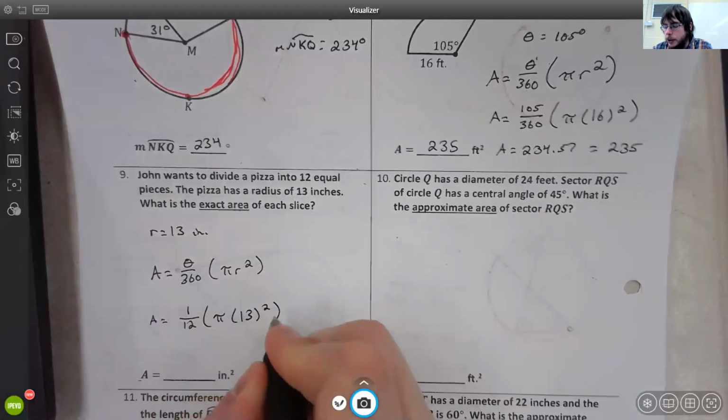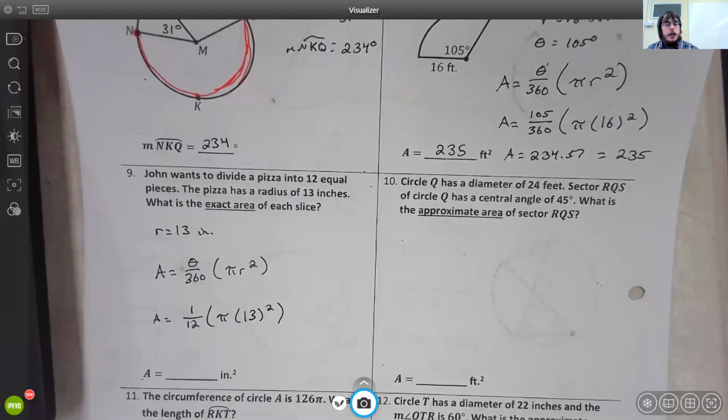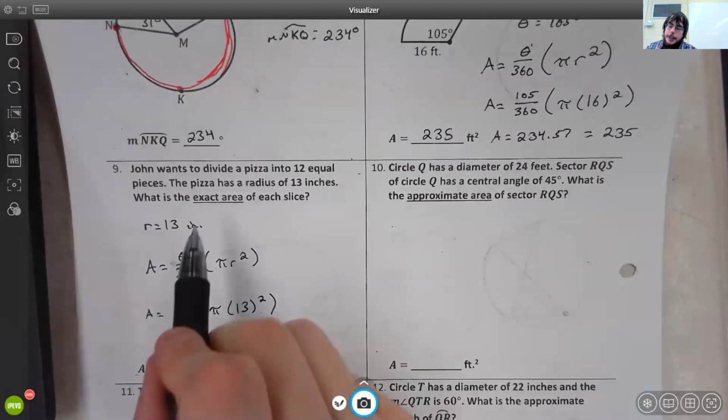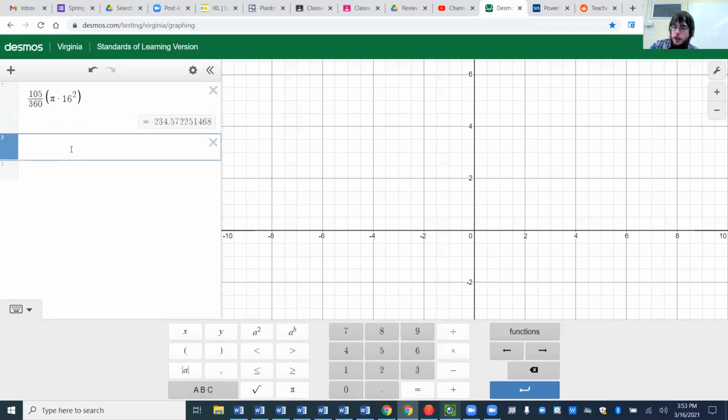So pi times 13 squared. So your area is 1/12 pi r squared, and it wants the exact area. So in your calculator, you're going to remove the pi, and you're just going to type in 1 over 12 times 13 squared. Okay?